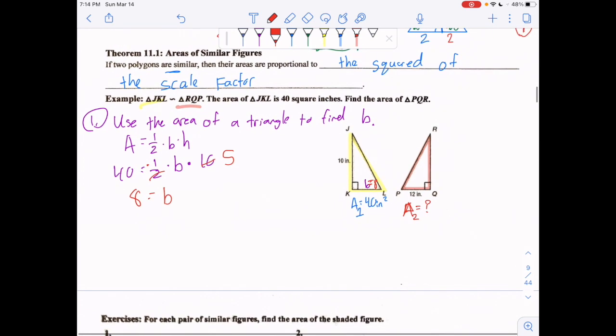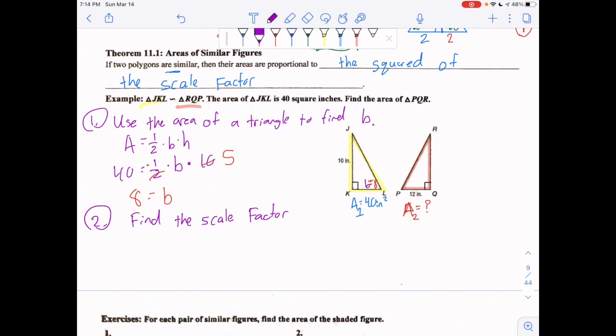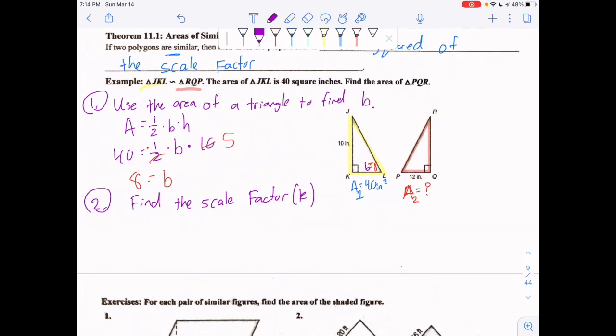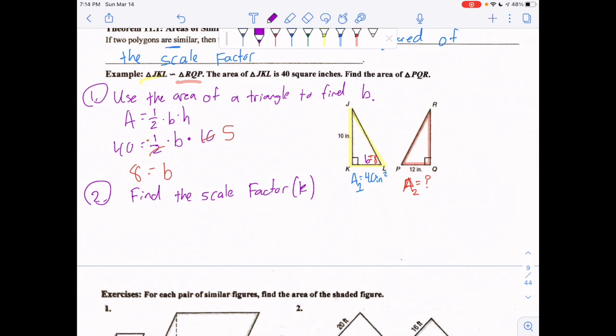Now for step 2, find the scale factor, which we'll label k. Now you can compare the 8 to the 12. So 8 over 12. Scale factor will end up being 2 over 3. So now you can use the scale factor to solve for this side here.